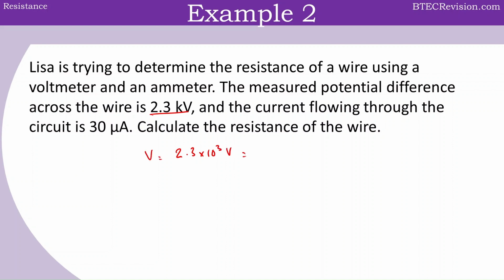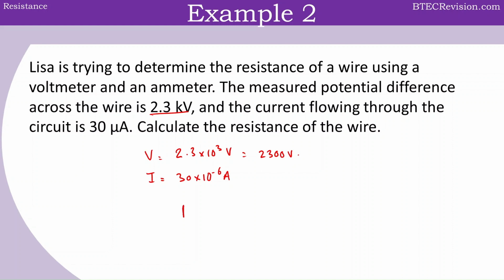So we can write this as 2,300 volts. The next thing is the current, which is 30 microamps. Micro is times 10 to the power of minus 6, and that unit would be amps.